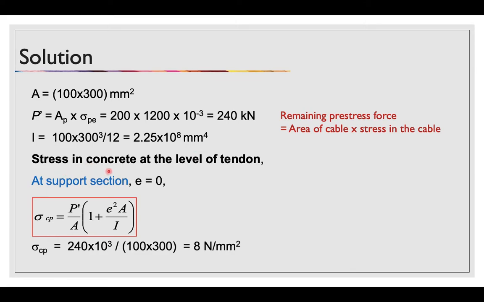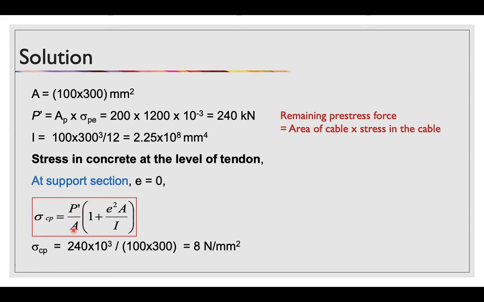Now the stress in concrete at the level of the tendon. We are considering the end supports and also midspan. At the support section, we have the eccentricity equal to 0. We substitute this into the equation, so when the value e is equal to 0, we are left with only one value in this bracket.